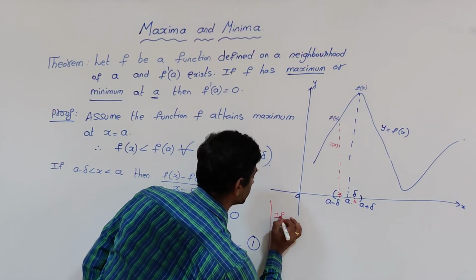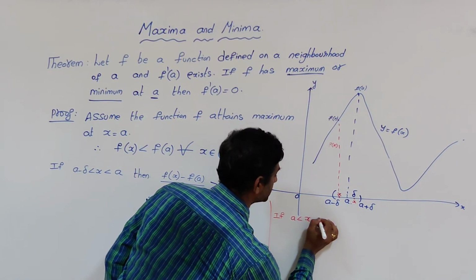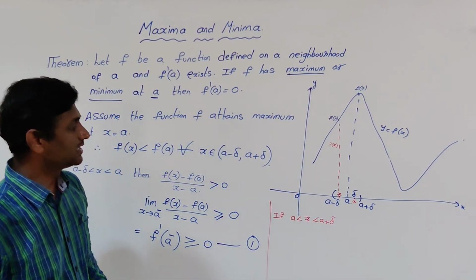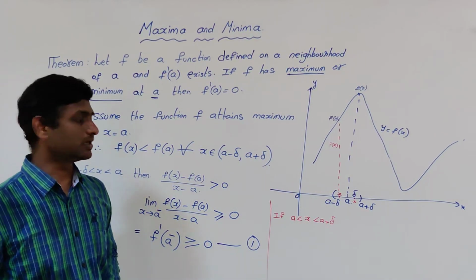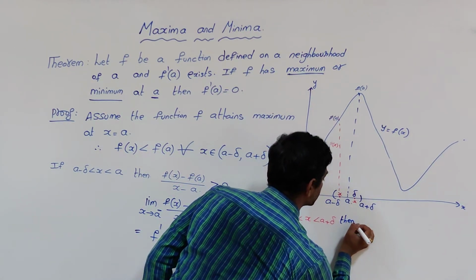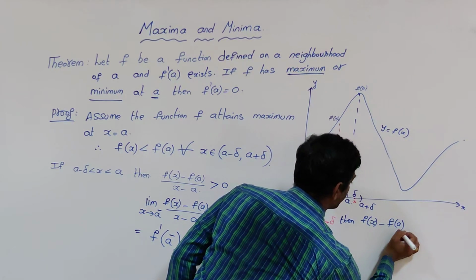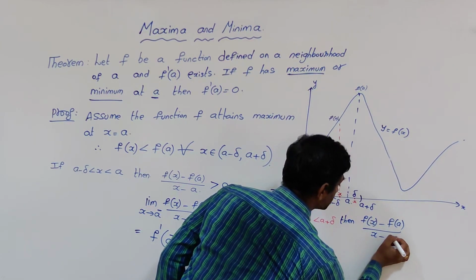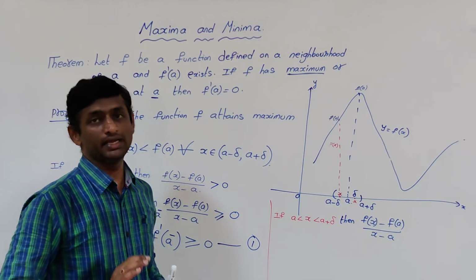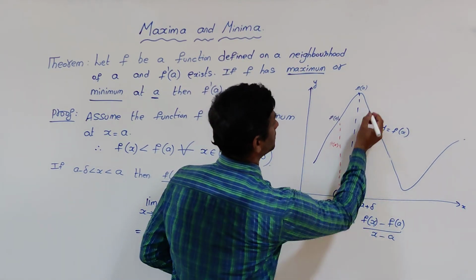If a is less than x less than a plus delta, then what about the ratio? Will f of x minus f of a by x minus a be positive or negative? Let's see. f of x is this portion.